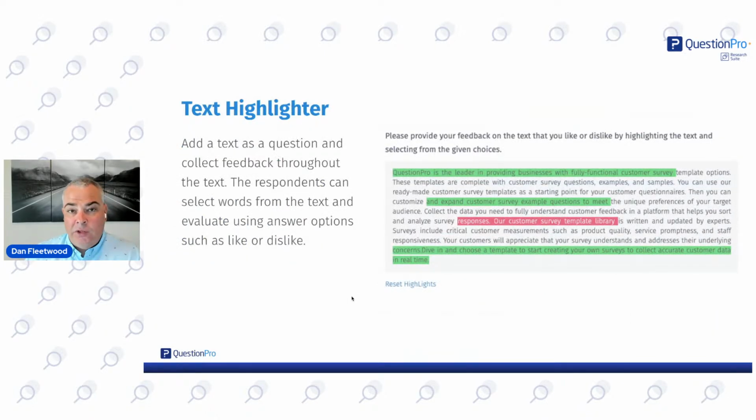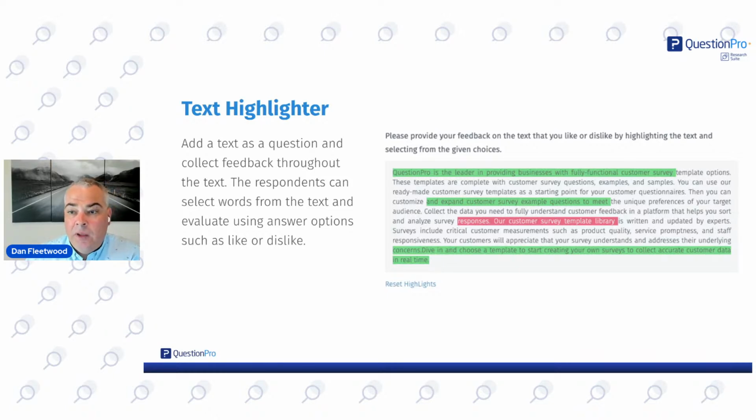Text highlighter. For those that don't know, this is a question type where you can have some text on the screen. Respondents can highlight it and mark it as red or green, selecting those words to evaluate them, like or dislike. Obviously, green is like, red is dislike.